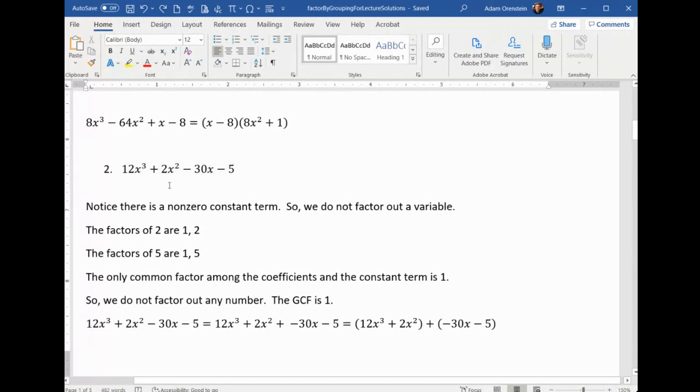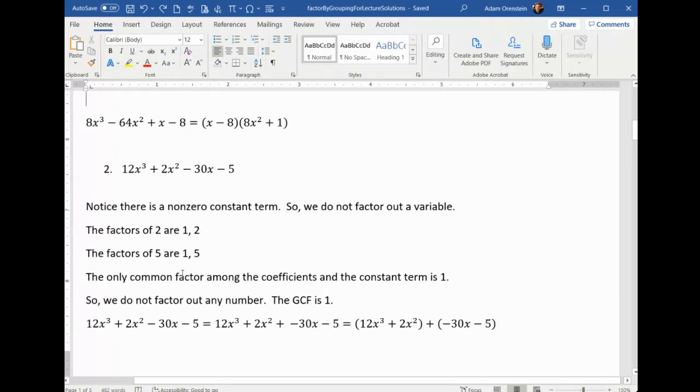Now, for the coefficients, you could list the factors of all the coefficients and the constant term. You could. But if we look at 2 and 5 alone, what's going to happen? Well, the only factors of 2 are 1 and 2. The only factors of 5 are 1 and 5. You could list the factors for 12 and 30 as well, but right away you can see what's going to happen.